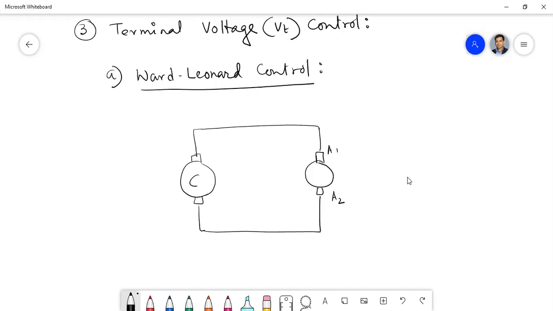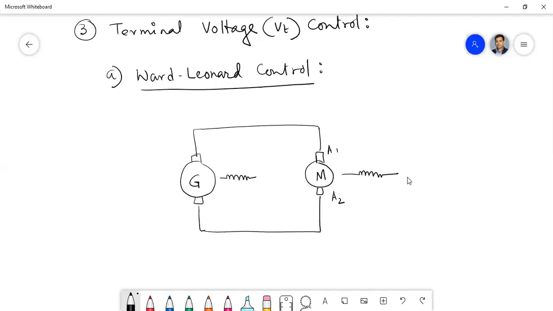So it will be a generator. This is also called the motor generator set. And the generator has the field, the motor also has the field.